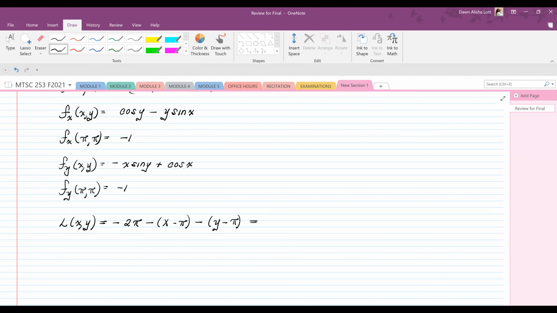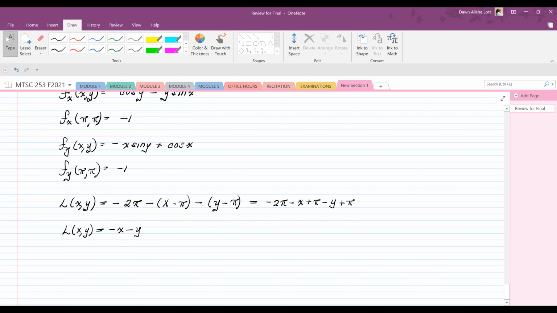So -2 pi minus x plus pi minus y plus pi. So it would be -x minus y. Okay. So what was the question now? Find the linearization of f. So the linearization would be -x minus y.